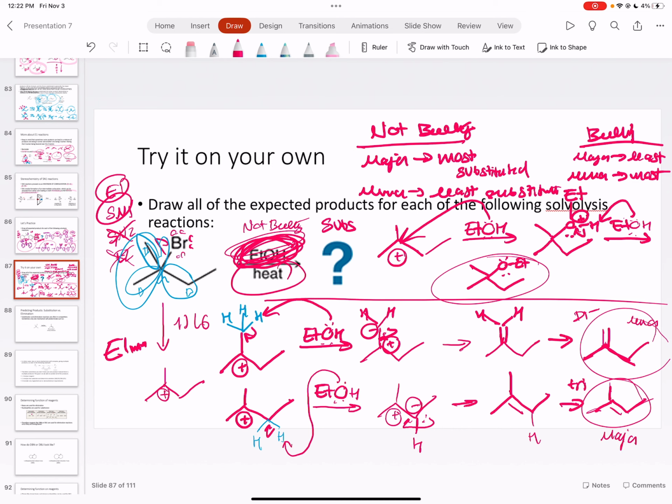So you'll be like, why is the substitution reaction not a major? Because substitution reactions are mainly major when we're doing it on a primary, and this one is a tertiary alkyl halide.